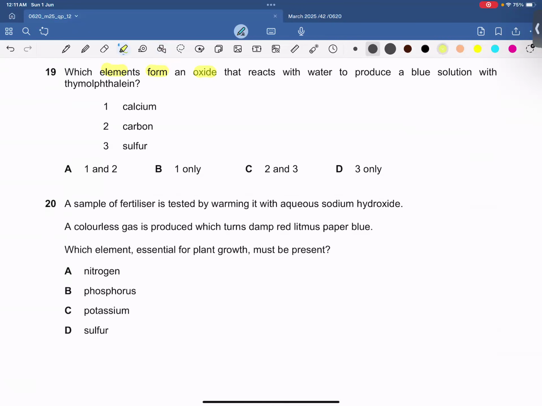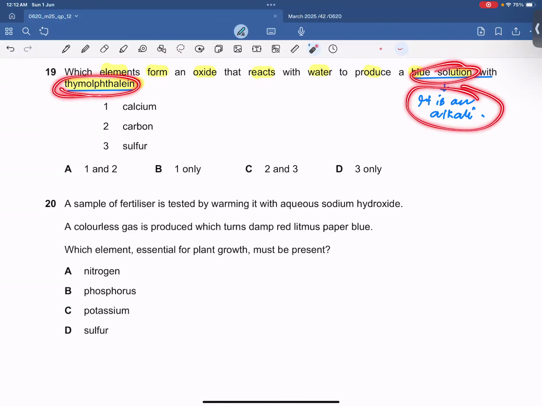Which element forms an oxide that reacts with water to produce a blue solution with thymolphthalein? Blue solution with thymolphthalein indicates it is an alkali, because an alkali shows blue color with thymolphthalein.